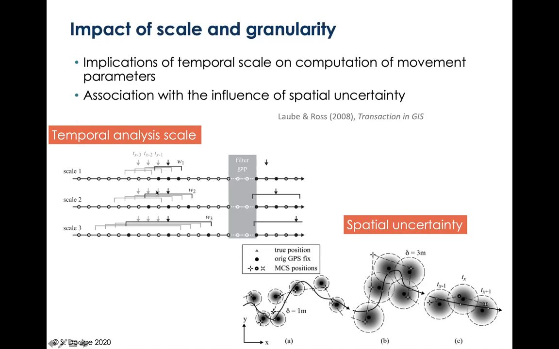So the temporal window becomes bigger when you want to calculate speed at a coarser temporal analysis scale. They also looked at the impact of spatial uncertainty on the calculation of movement parameters, and showed that there is an association between the temporal analysis scale and the spatial uncertainty.